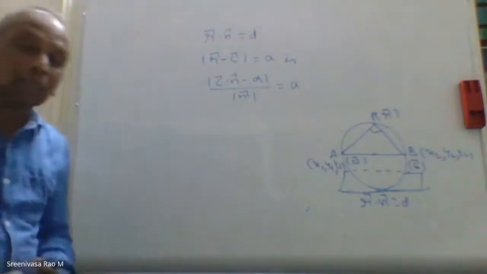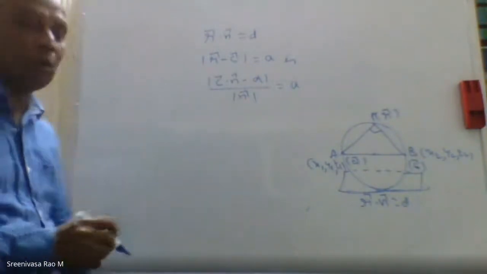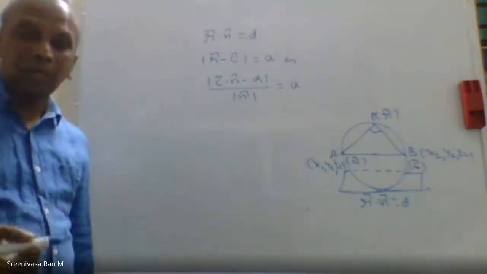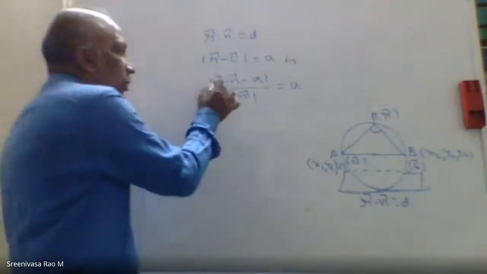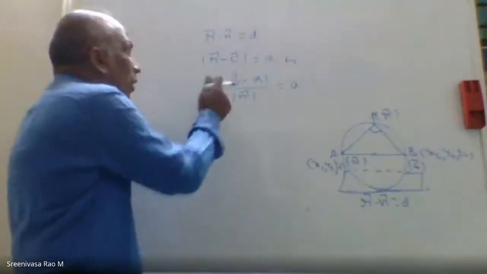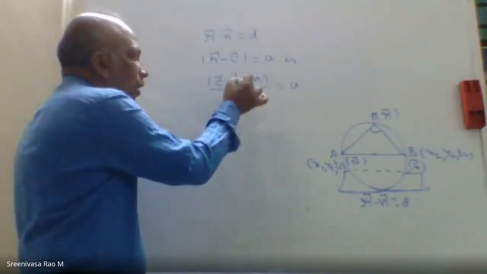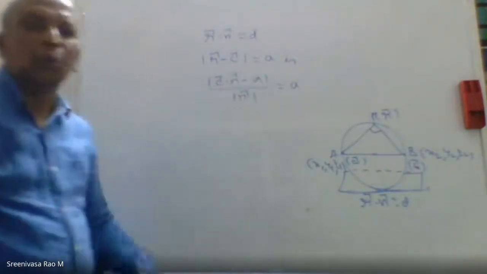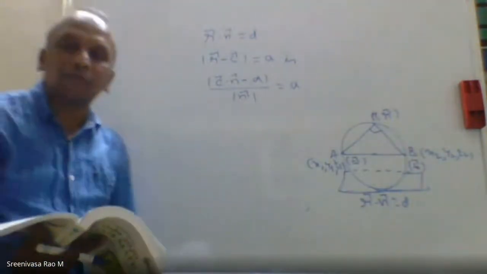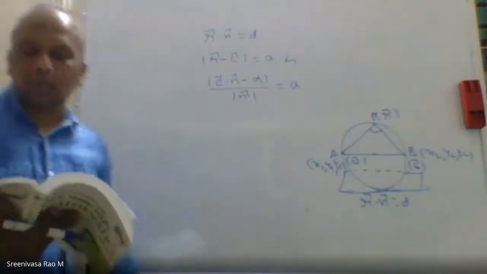So like this, you can remember that in the morning class we discussed the perpendicular distance from a given point to the line. In the same way, in vector form, we discussed r bar dot n bar minus d by mod n bar. So mod (c bar dot n bar minus d) by mod n bar is equal to a. These are the tangency conditions. This is the condition for tangent, and this is only the vector form.